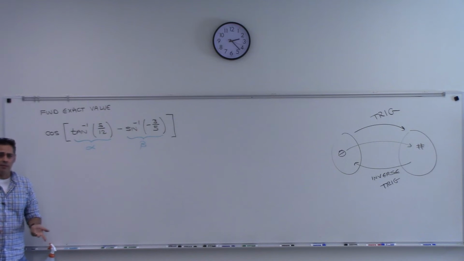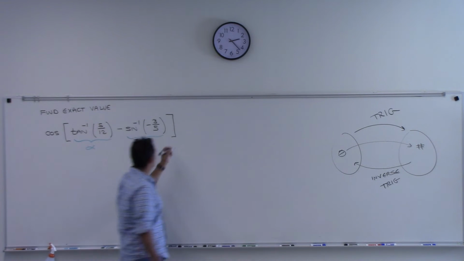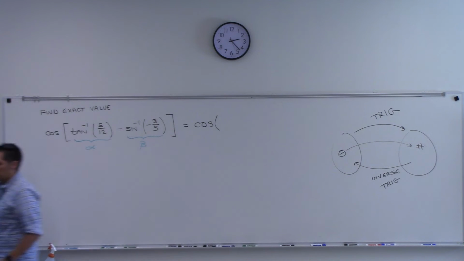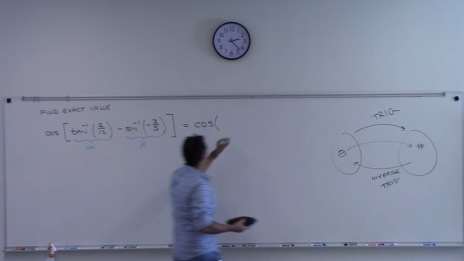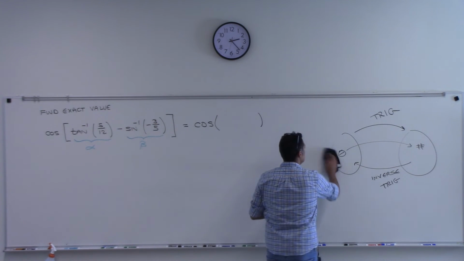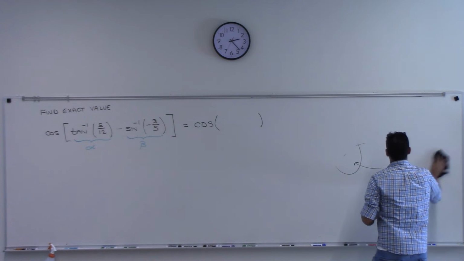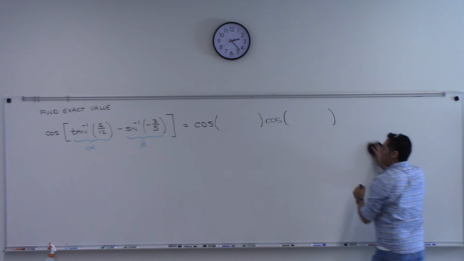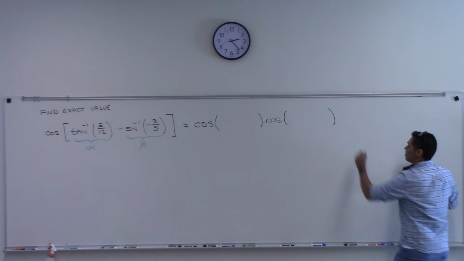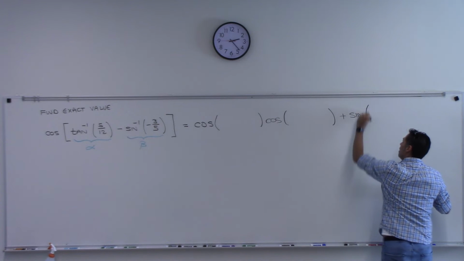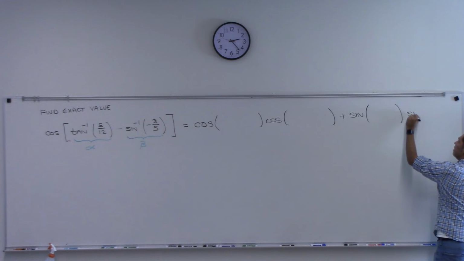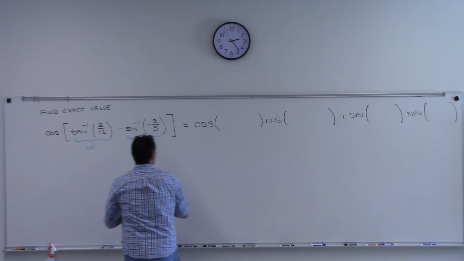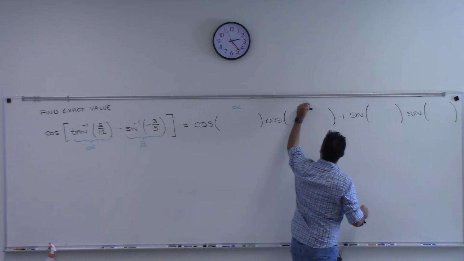Okay, so we have a formula for this. The formula says this will be cosine alpha cosine beta plus sine alpha sine beta.